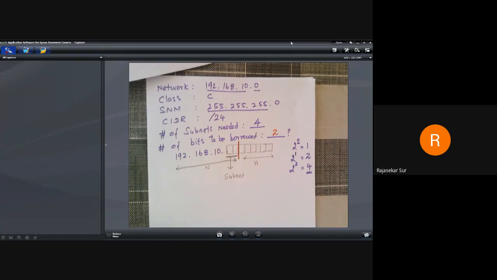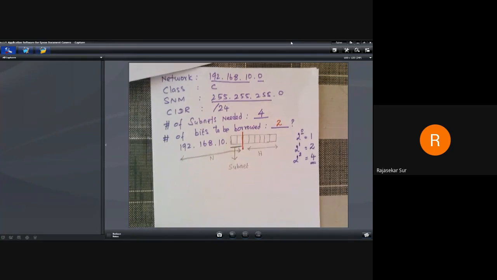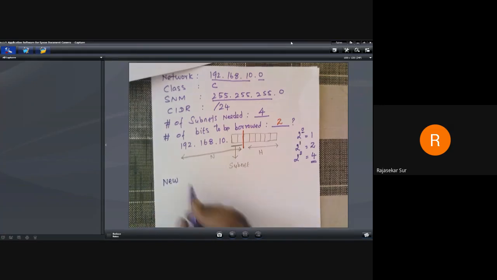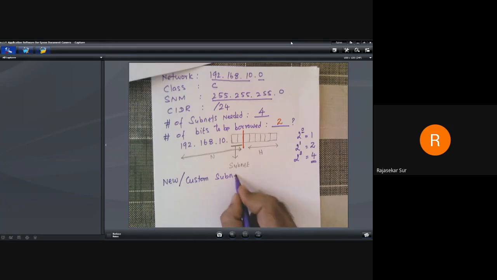Now our subnet mask, we can write it as new, or different words they use, custom subnet mask. That means if you borrow some bits, your subnet mask will change.